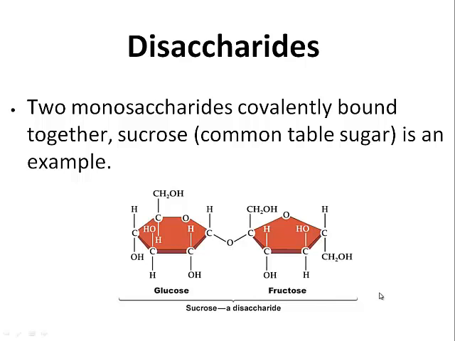So this is what our larger carbohydrates are going to look like. They are going to be chains of monosaccharides. A monosaccharide is composed of 5 or 6 carbons wrapped around itself in a ring, and then disaccharides and polysaccharides are long chains of monosaccharides.